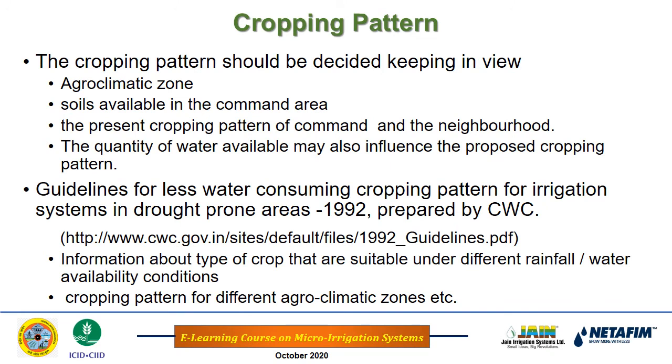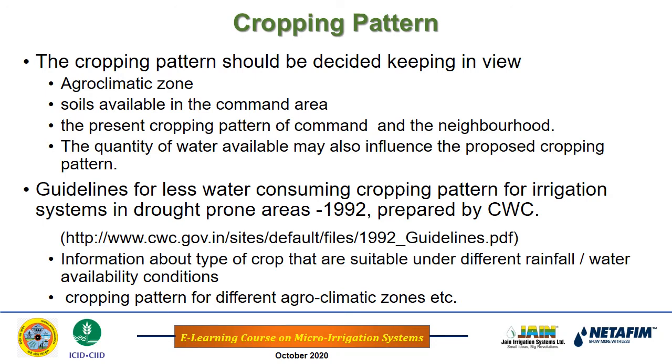The cropping pattern should be decided keeping in view the agroclimatic zones, what kind of agroclimatic zones are there and what kind of crops are supported in those zones. Then what soils are available in the command area, because by this you can understand what kind of crops would be supported by those soils.